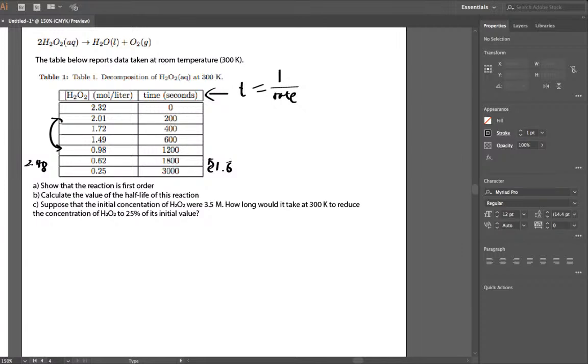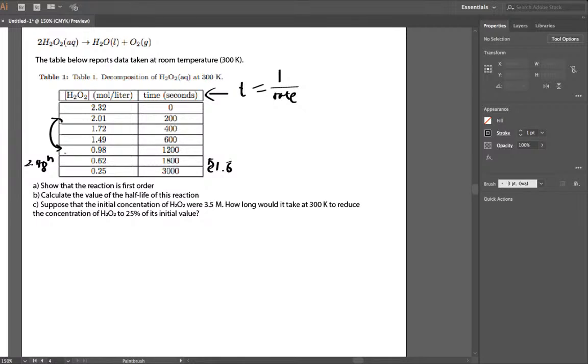So let's try to find the log of the ratio. Would that be correct? This should be 2.45 to the power of n, which must result in 1.6.